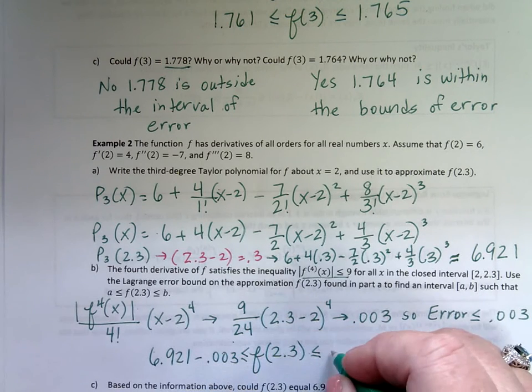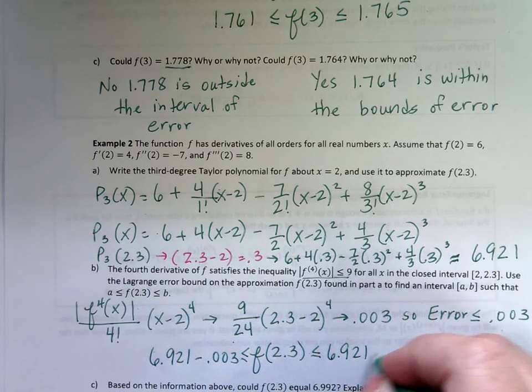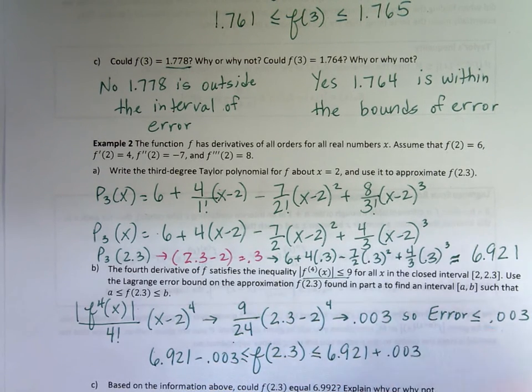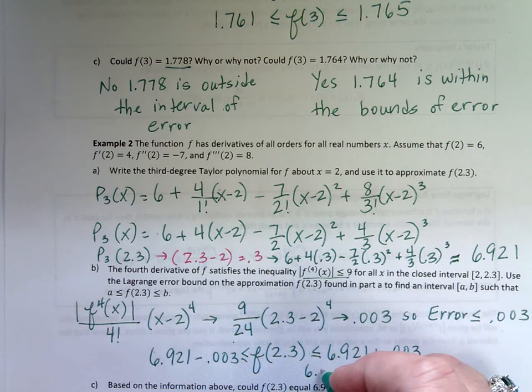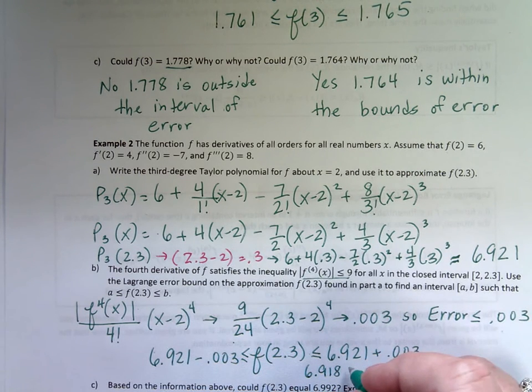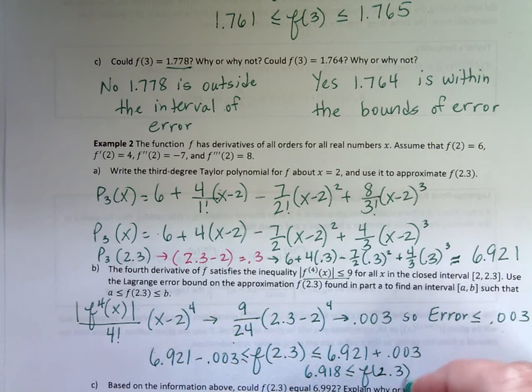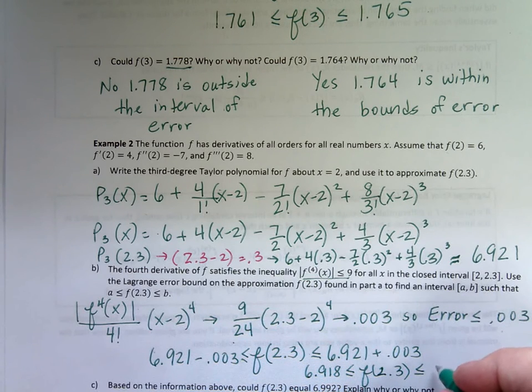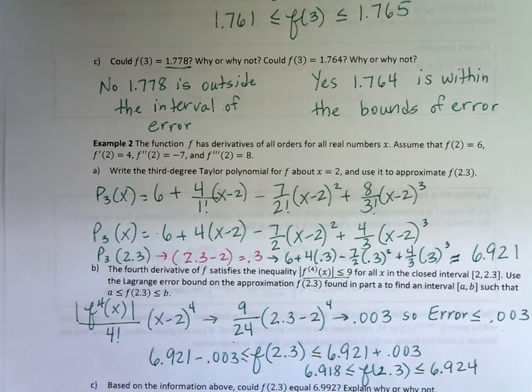And on the right I'm doing 6.921 plus 0.003 in order to get my actual interval, and that's going to be 6.918 is less than or equal to f of 2.3, which is less than or equal to 6.924. All right, so we got it. That's our interval.